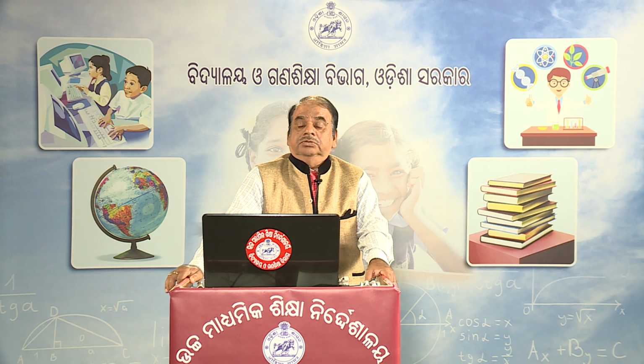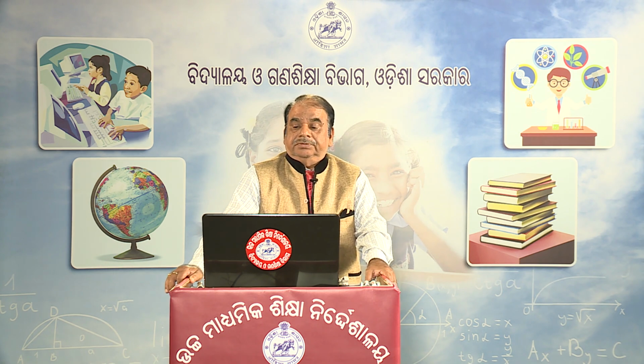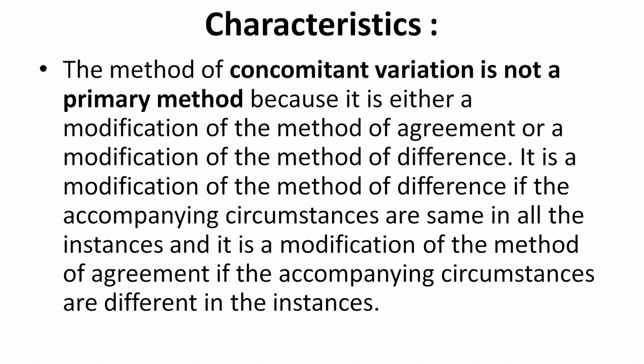Now, coming to the characteristics of this method. The method of concomitant variation is not a primary method, because it is either a modification of the method of agreement or a modification of the method of difference.